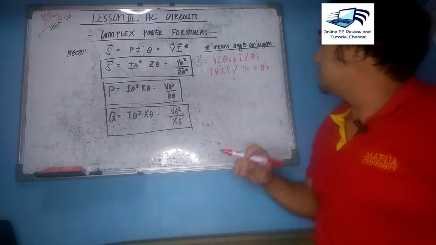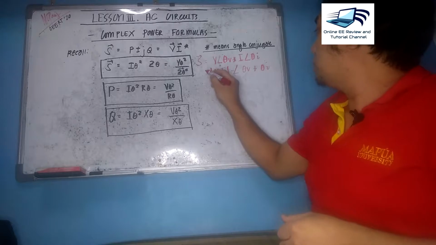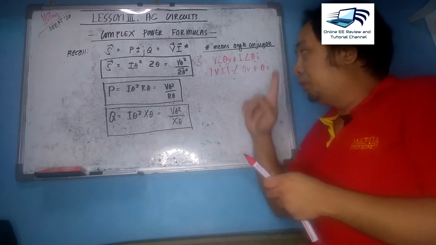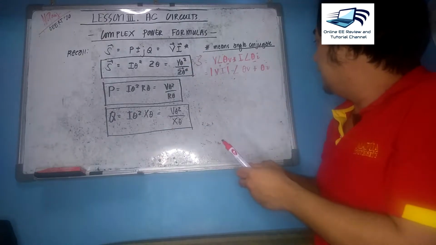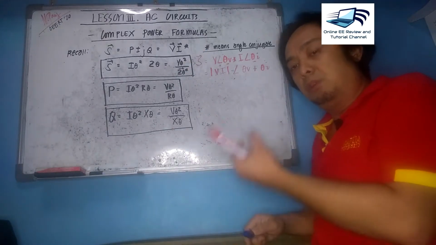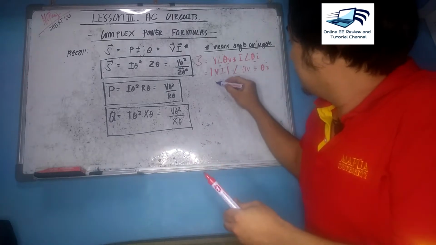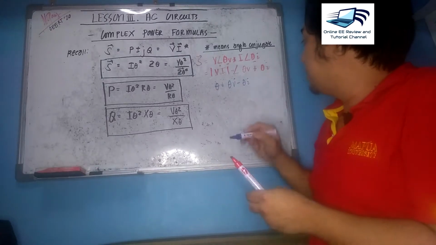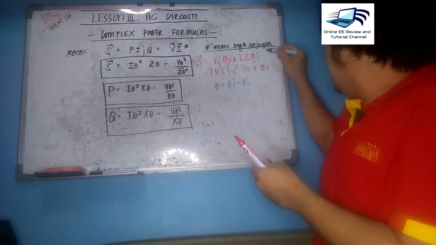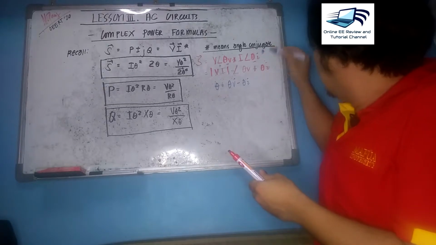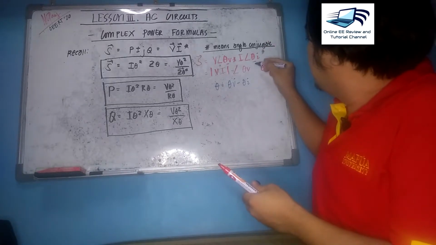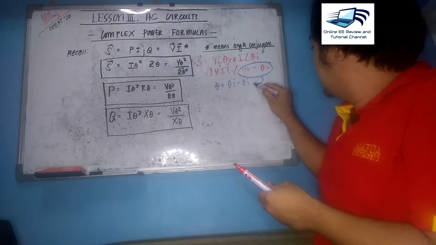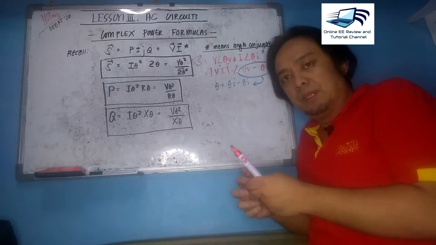the angles. So if you do so, and you did not conjugate, you cannot get the difference between the angles of voltage and current, wherein we already discussed all throughout that it must be theta V minus theta I. So in this case, you need to conjugate in order to have this relationship, which is your power factor angle.